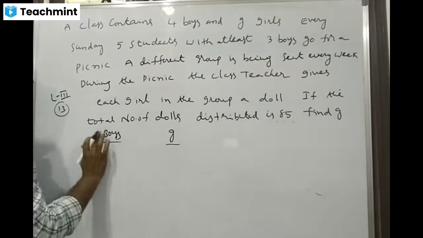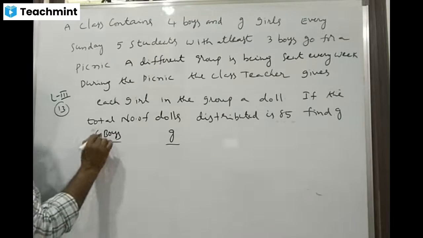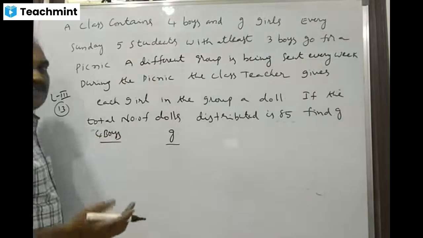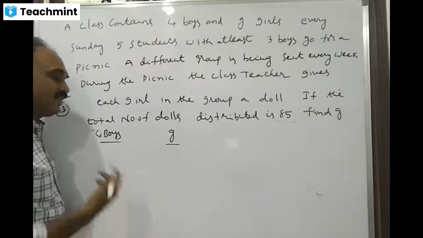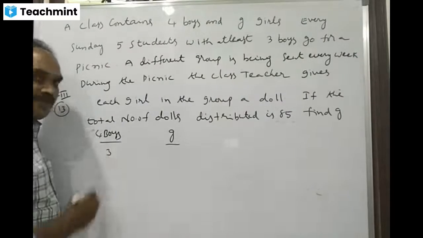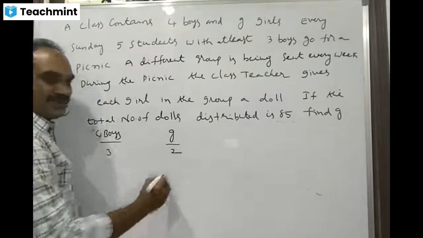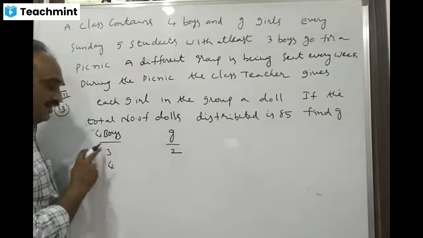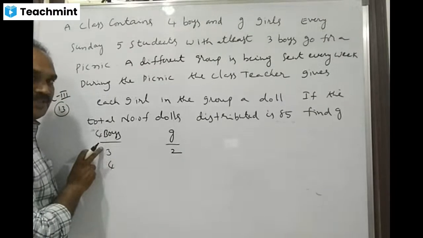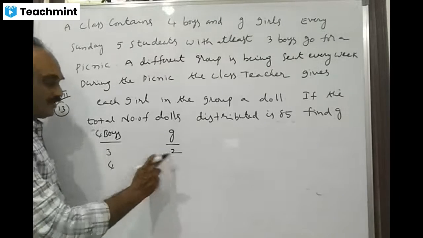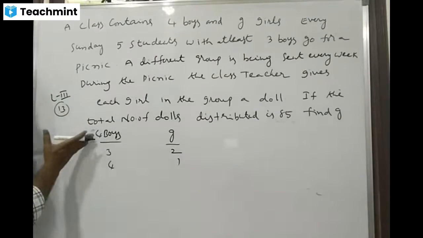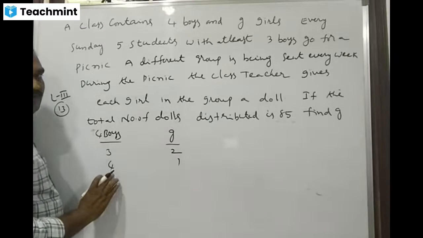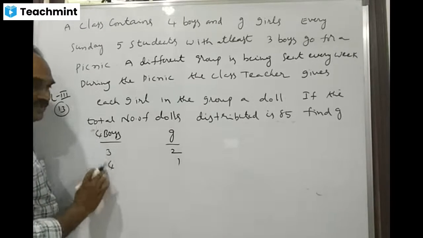At least 3 boys means 3 boys, 4 boys, 5 boys and so on. But we have only 4 boys, so first select 3 boys, then 2 girls. Next select 4 boys and 1 girl. Selecting 5 boys is not possible, so only 2 cases.